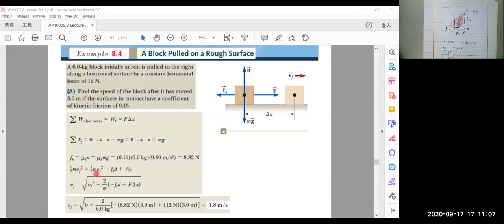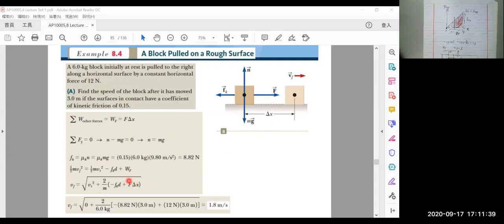So we write down the conservation of energy: final kinetic energy equals the initial one plus the work done by the force F minus work done against friction. It is the frictional force times the distance. And the work done is F times delta x, actually.